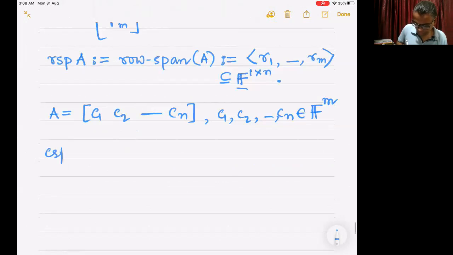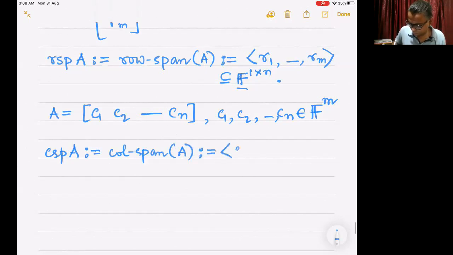CSP of A, which is another name for the column span, which we also write as col span of A, is by definition the span of C1, C2, up to Cn. This is a subspace of F^m. So thus we have two such subspaces.